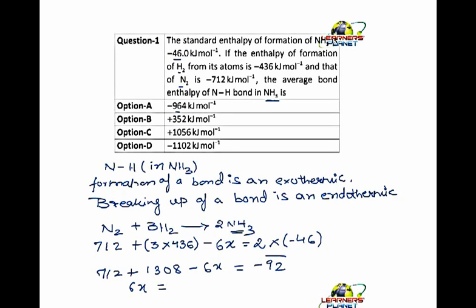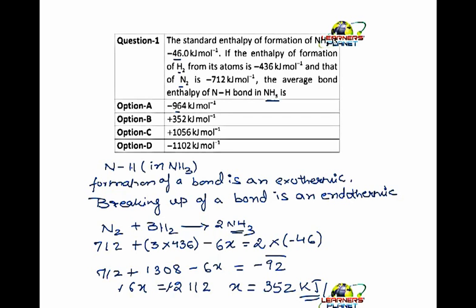Now your 6x is equal to 712 plus 1308. So 6x is equal to 2112, and your x will be equal to 352.